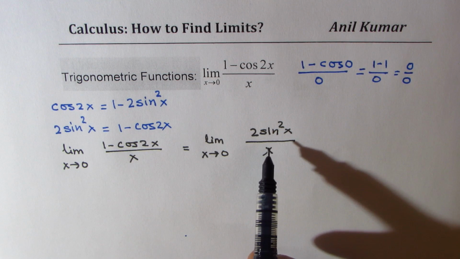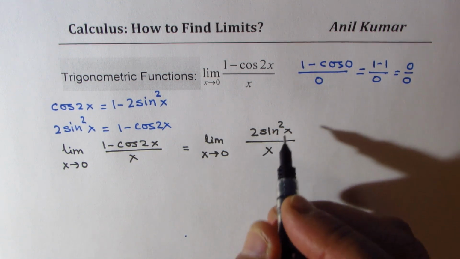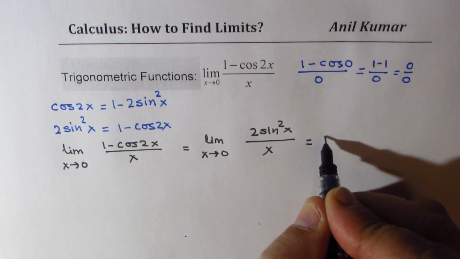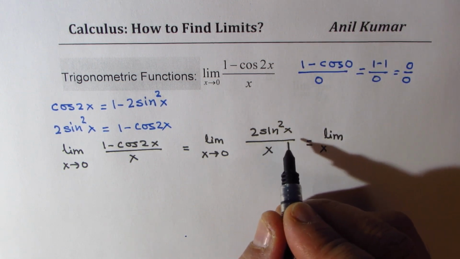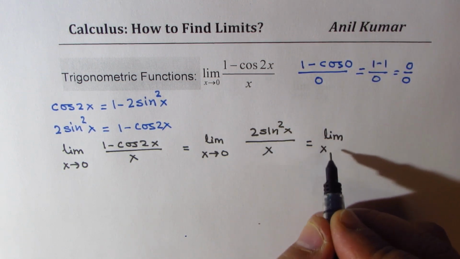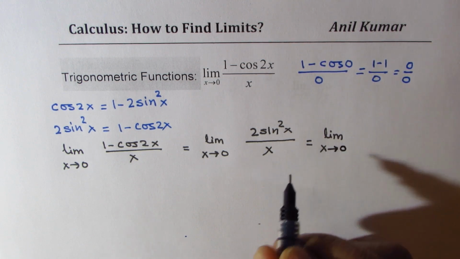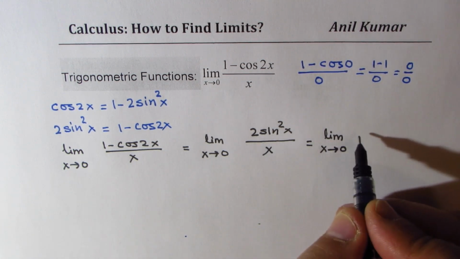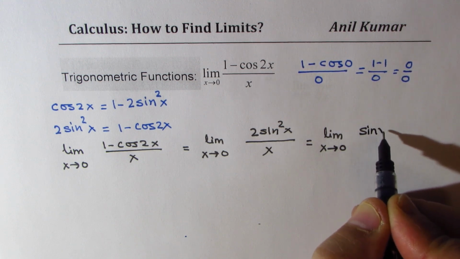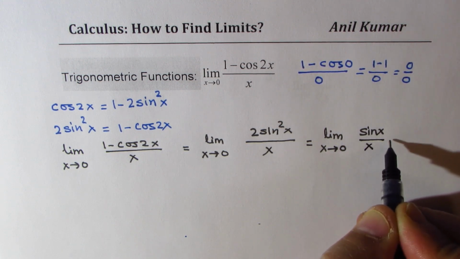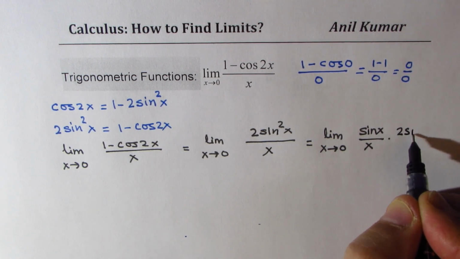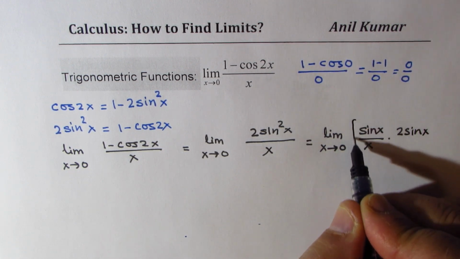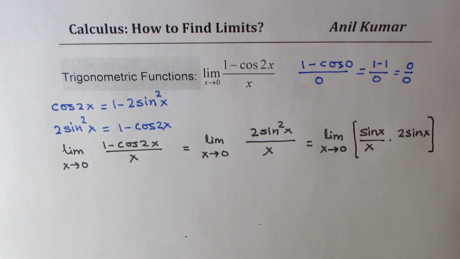Now, you know what is limit of sine x over x. So it is a good idea to rewrite this as product of sine x and 2 sine x. So when x approaches 0, we write this as sine x over x times 2 sine x. Right, so we write this as this.